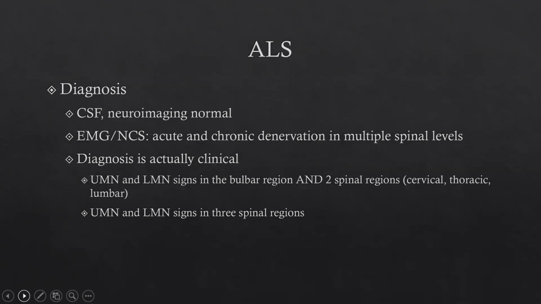So in terms of your diagnosis, you want to look at your CSF and neuroimaging, and generally your CSF will be normal. Your neuroimaging will also be normal. The problem with amyotrophic lateral sclerosis is that it's a disease of the anterior horn cell, where you get degeneration of the anterior horn cells within the spinal cord.